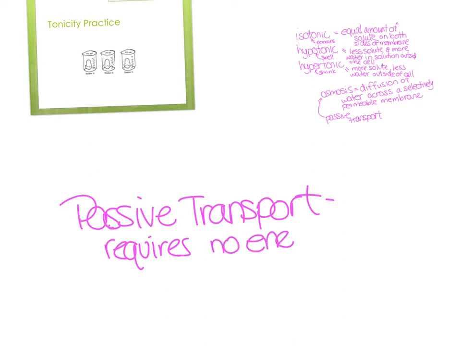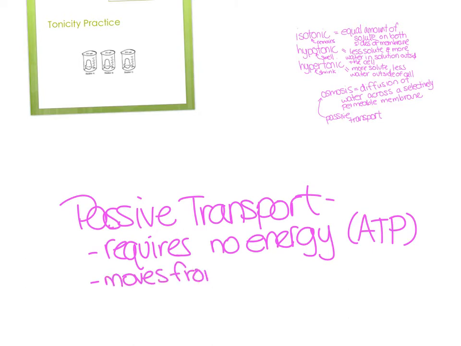And when I say energy, you think? ATP. Okay, what else can you tell me about it? Something gradient. Very close. High concentration. It moves from an area from high to low.